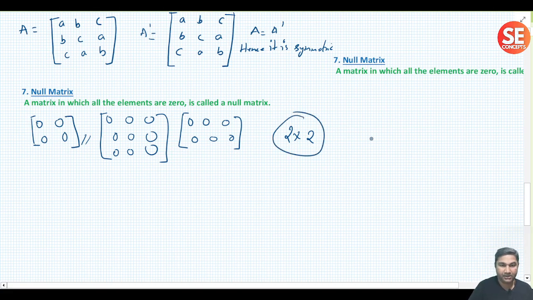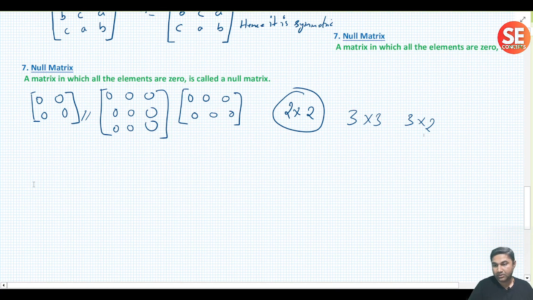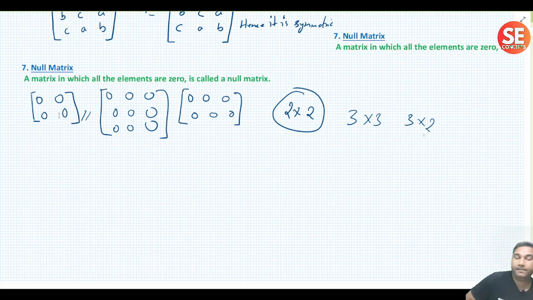You will not get any 3 cross 3 or 3 cross 2. The question paper will also be very simple. You need not panic. You need to practice 2 cross 2 matrix addition, subtraction, all the algebraic operations, multiplication. One more thing is, you have to focus on how you can score easily.